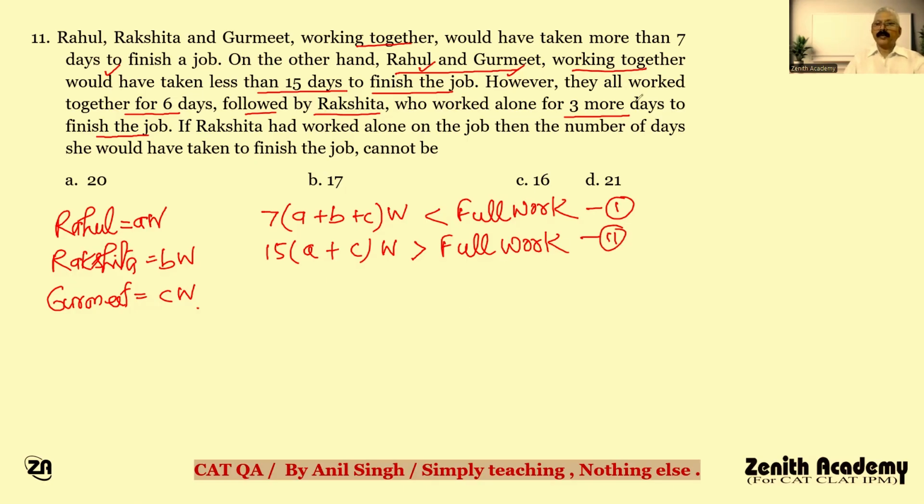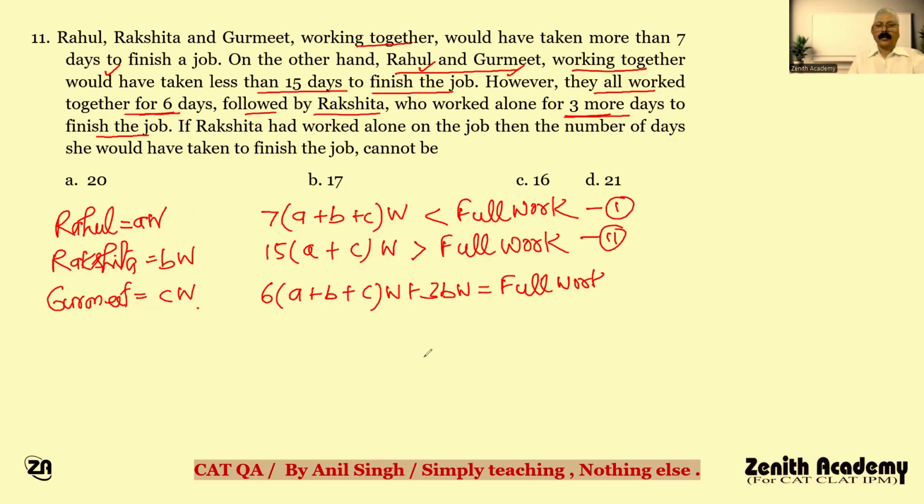And it is also given that when they all work together for 6 days, plus Rakshita's 3 more days work, it is equal to the full work. It means 6 days work of Rahul, Rakshita, and Gurmeet plus 3 days more work of Rakshita is equal to the full work.